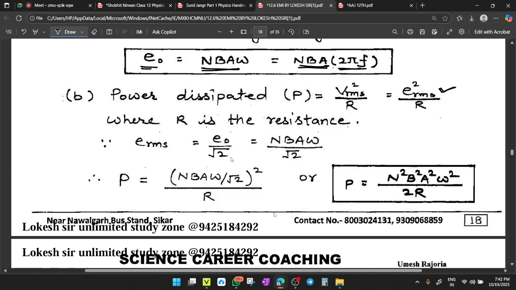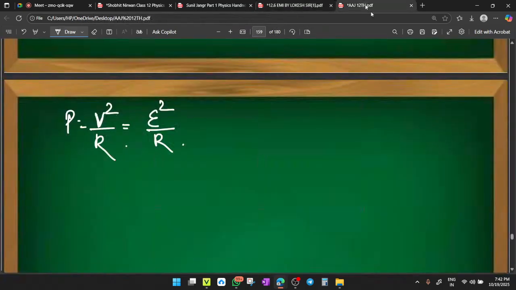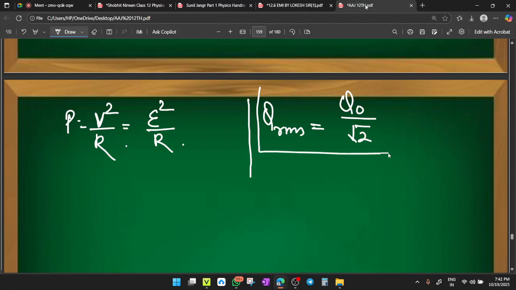So ERMS equals how much? In AC circuits, we will learn the RMS value of any quantity. The RMS value of any quantity is equal to the peak value divided by root 2. Better underline this and write it.